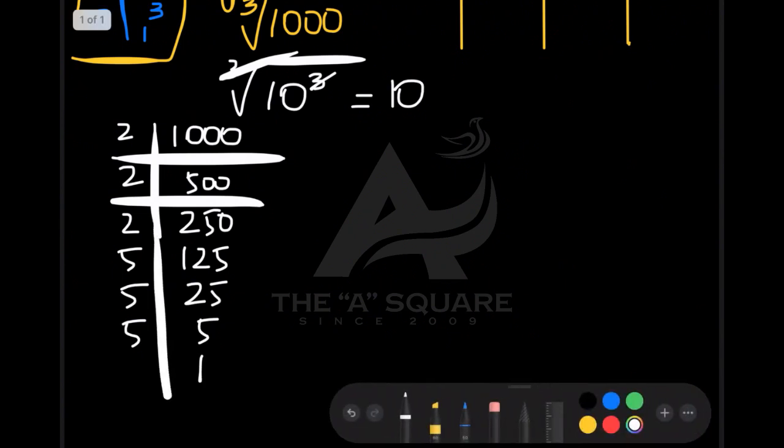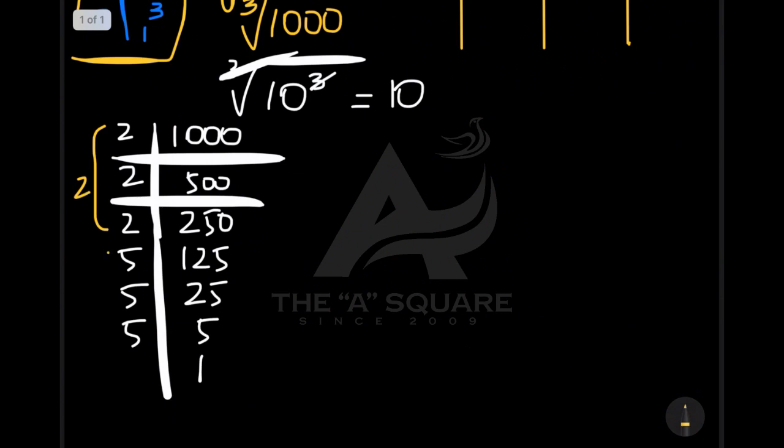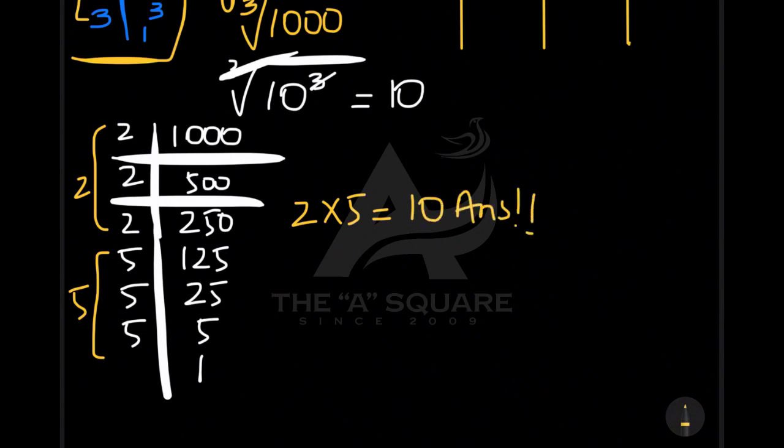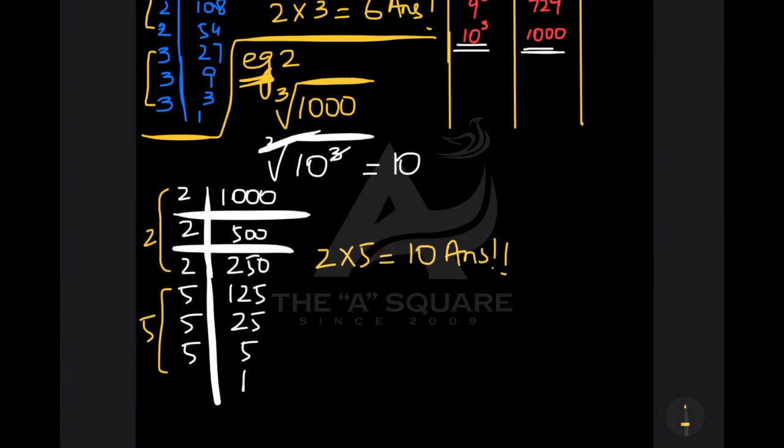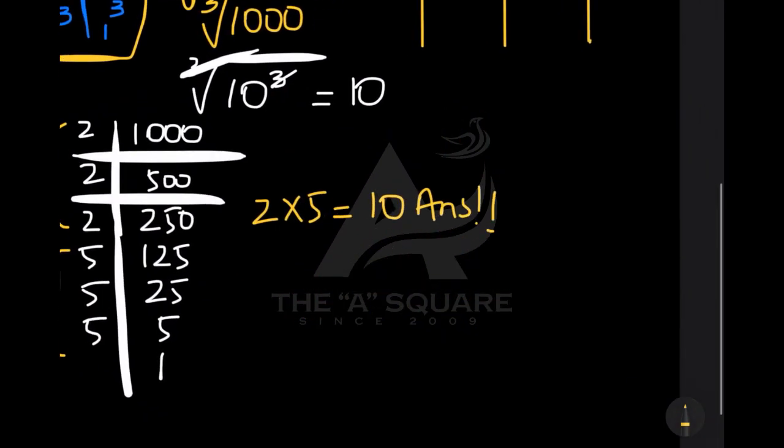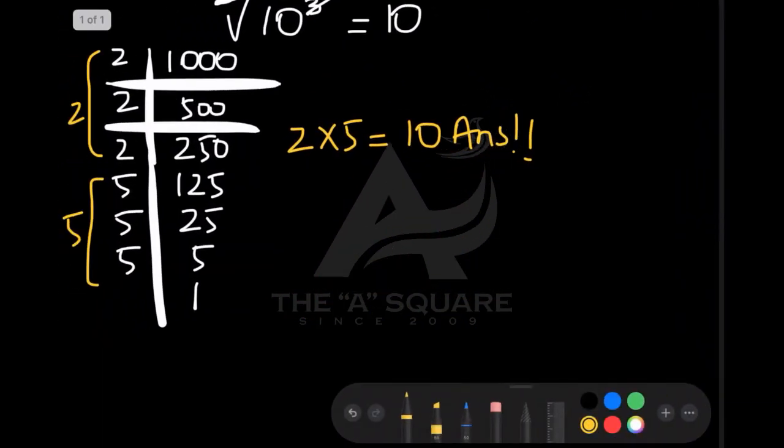Now, I have a group of 2 and a group of 5. The final answer I'm getting is 2 multiplied by 5, which is 10. I believe it's the easiest method to calculate a cube root.